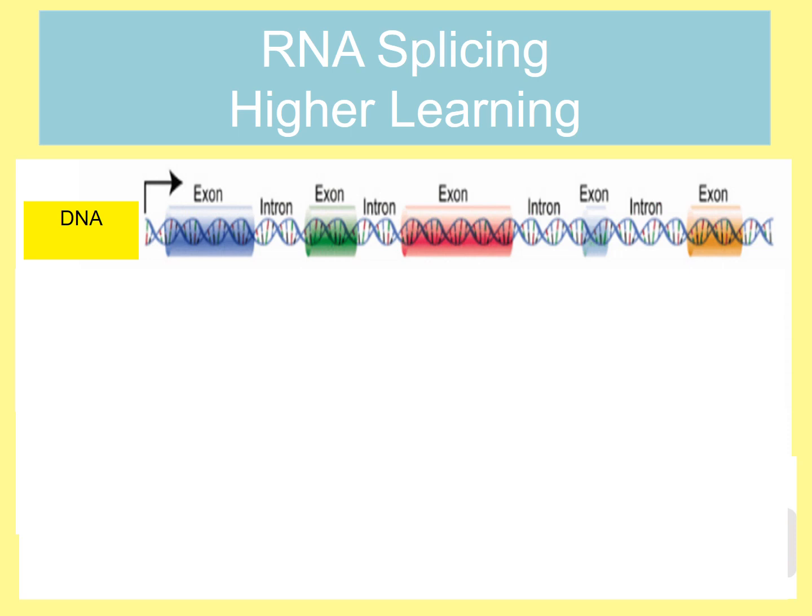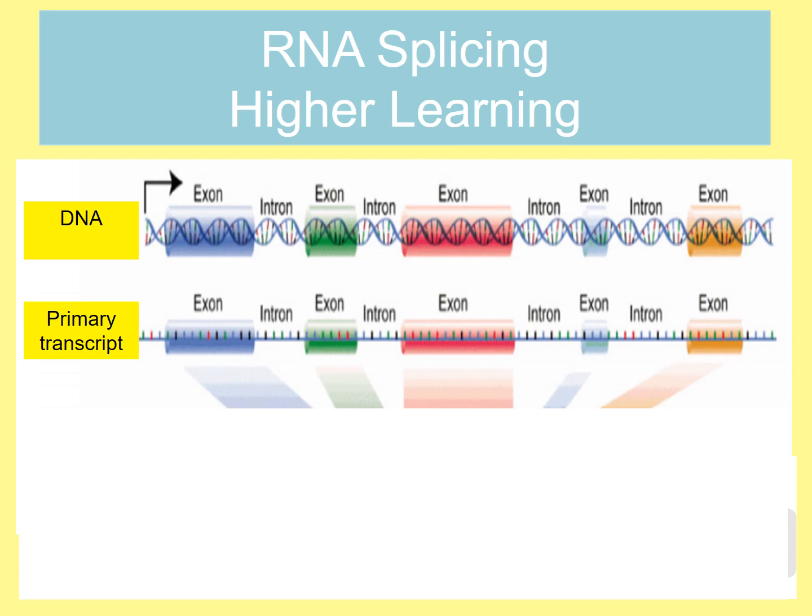There are non-coding regions that are called introns, and then there are coding regions that are called exons. So the primary transcript of messenger RNA contains these exons, which are coding and are needed to make the final protein. But there are also areas called the introns, and they don't code for anything in the final protein.